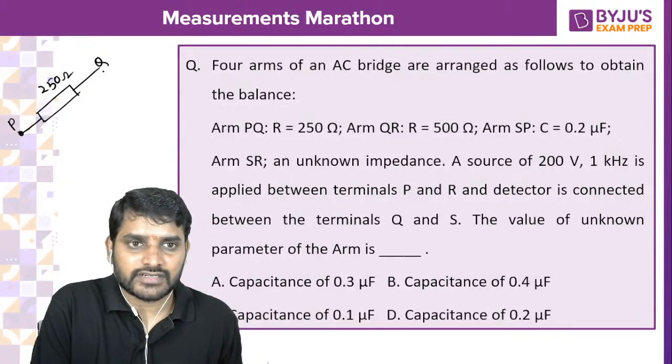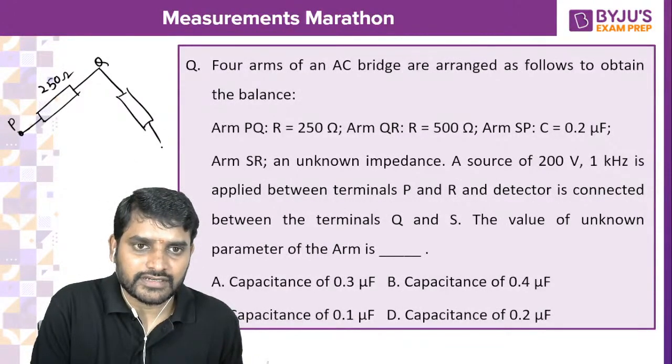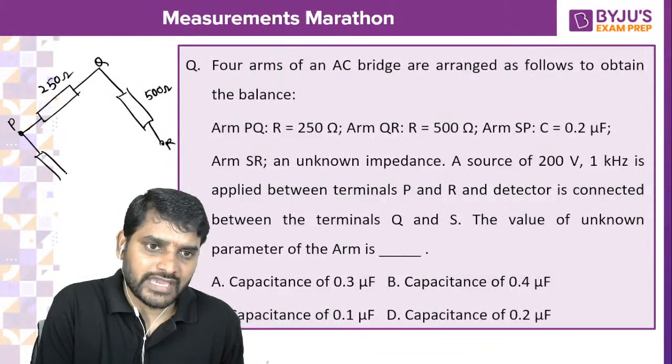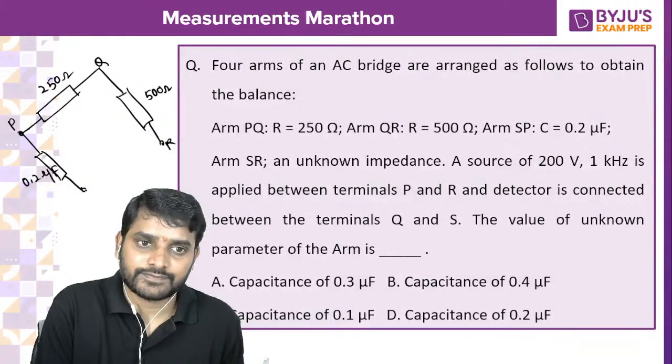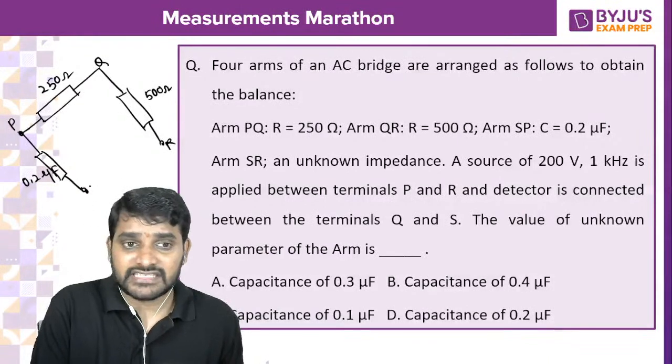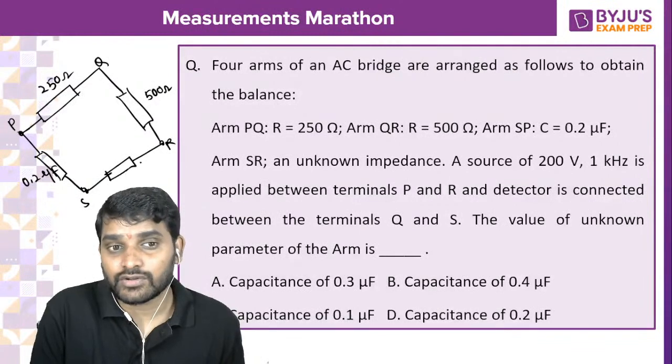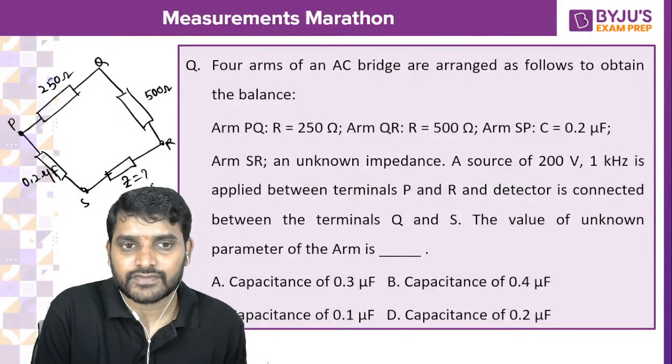QR is 500 ohms. Between P and S I have got a 0.2 microfarad capacitor. And arm SR is unknown. So what is this impedance?